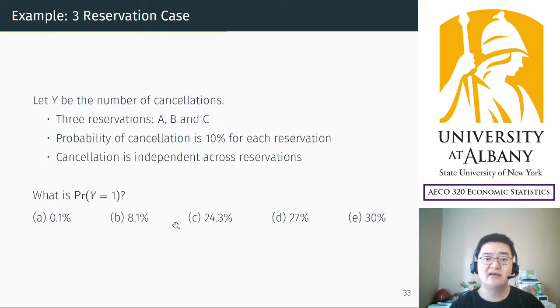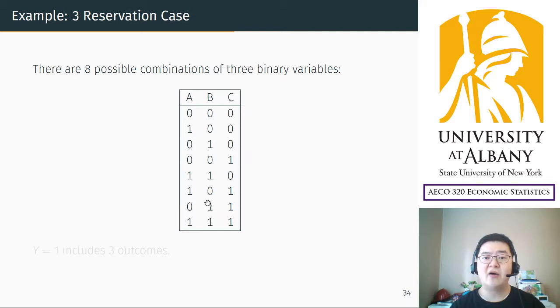When we extend the number of reservations to 3, the idea is the same. Now we have to consider 8 different combinations, and among them, only these 3 cases have 1 cancellation. So if we want to calculate the probability that only 1 of 3 reservations is canceled, you have to think about these 3 outcomes among 8 possible combinations.